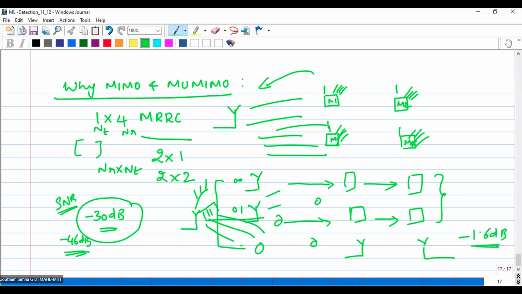I'll give you a geometrical interpretation of it: if a signal is radiated with some symbol, how rotation and stretching operations happen over a vector, and how a matrix which rotates at every angle theta gives beamforming and projection with SVD. Why SVD is required, and what the parallel decomposition of the channel is, and some other gains, if I have missed any, we will discuss in the next class.